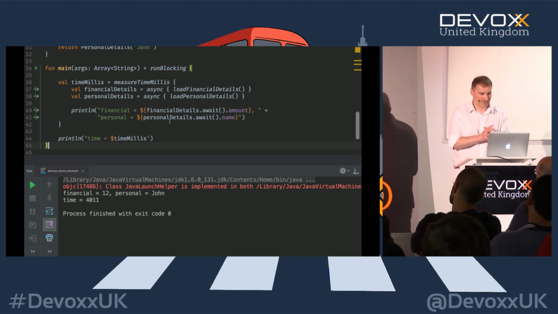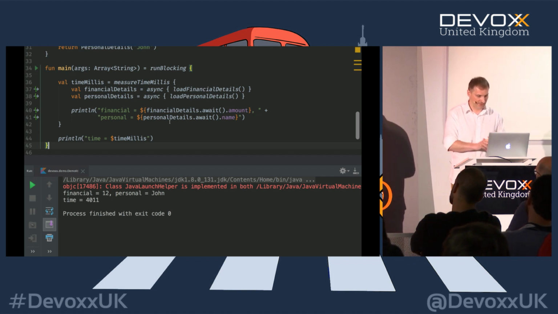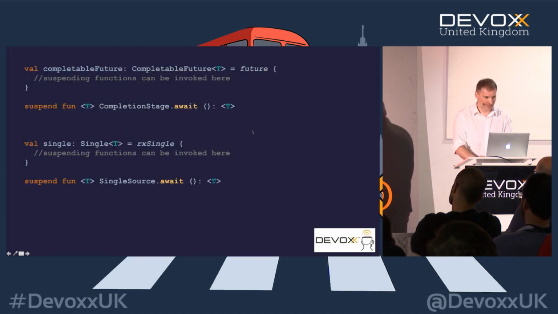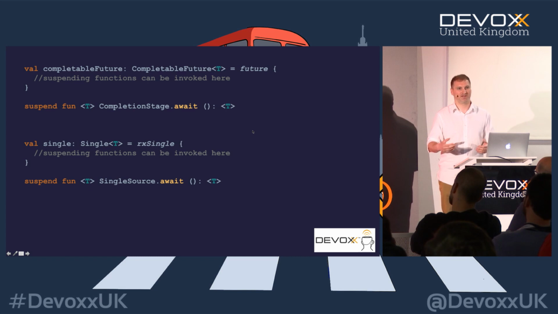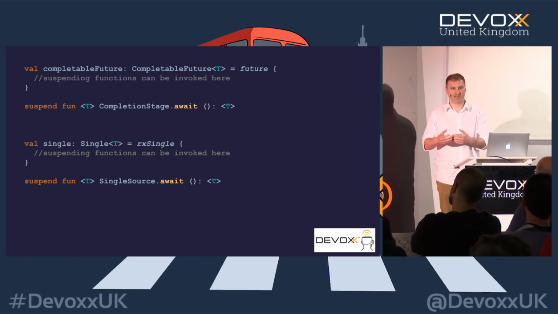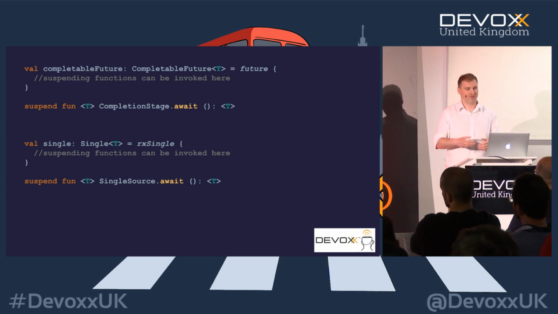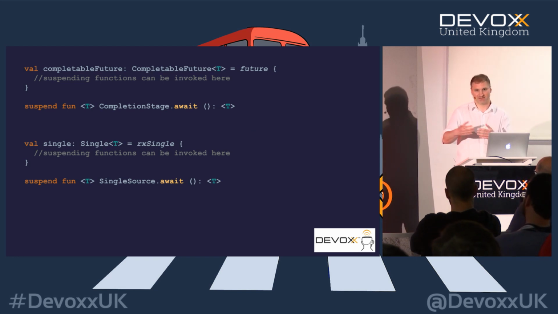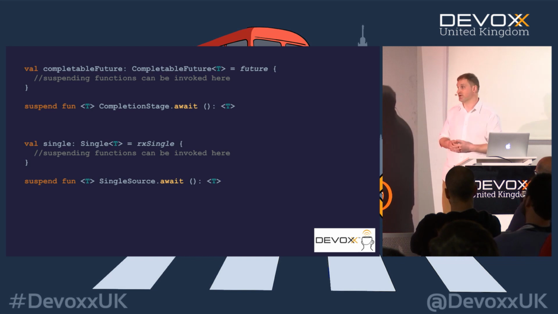Okay, so we have asynchronous code, we have sequential code, we have concurrent code. But what if we already have an application and we want to introduce coroutines in our application? Because if we start with a greenfield project, it's very easy to start writing it with coroutines.